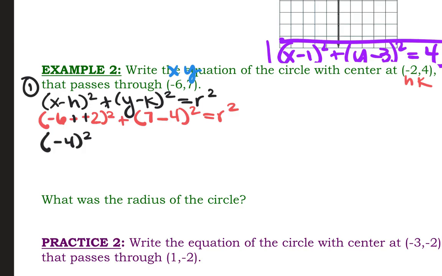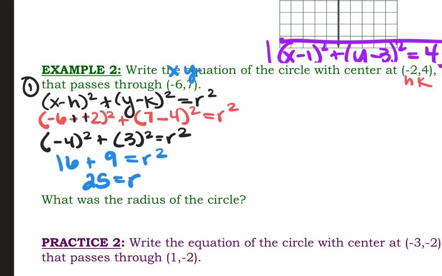Negative 4 squared. 7 minus 4? 3 squared. All right, someone just gave me the negative 4 squared. What was that? 16. And 3 squared is 9 equals r squared. So what's 16 plus 9? 25. So then the radius has to be 5.